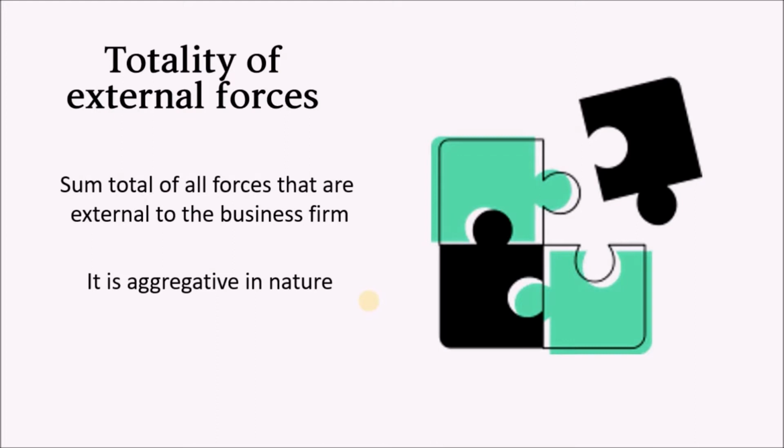Similarly, when you talk of business environment, it is not one single thing, there are many forces, we have to total them, we have to make an aggregate of this, and then we can call it a business environment. So it is not a single thing, rather it is an aggregate.